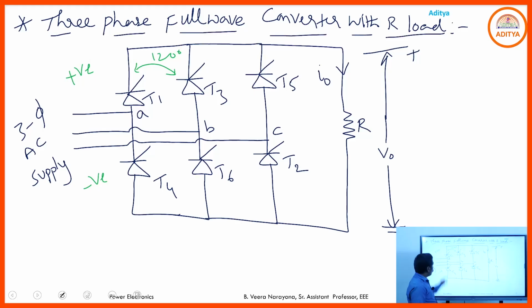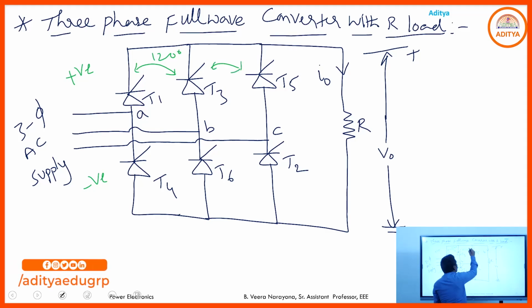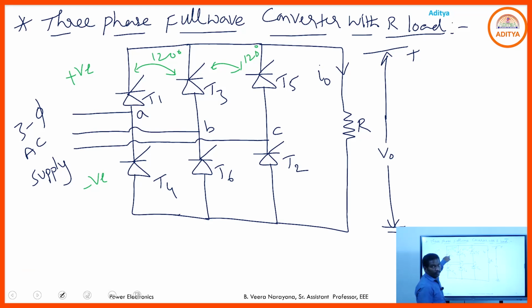That means if T1 is on at 0, after 120 degrees T3 comes to the on state. After another 120 degrees T5 comes to the on state. After T5, again T1. 1, 3, 5, 1, 3, 5. That is the sequence of the positive group SCRs.